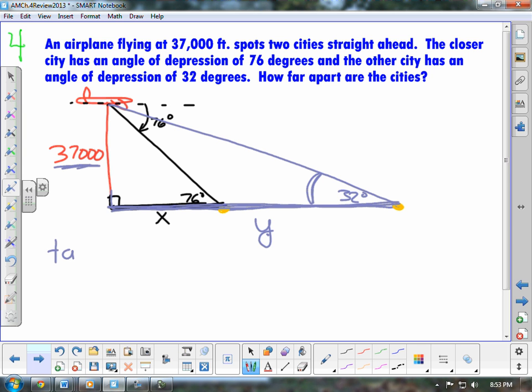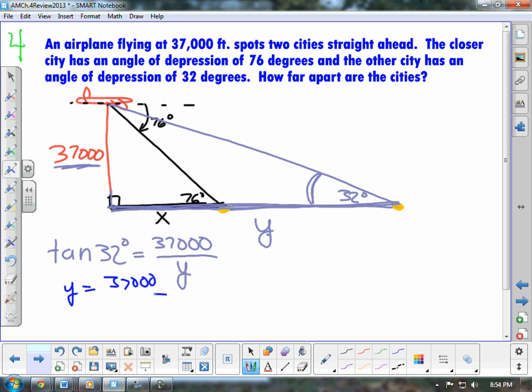So that's tangent of 32 degrees is equal to 37,000 divided by y. So solving for y, multiply both sides and get y equals 37,000 divided by tangent of 32 degrees. And that is 59,212.37.